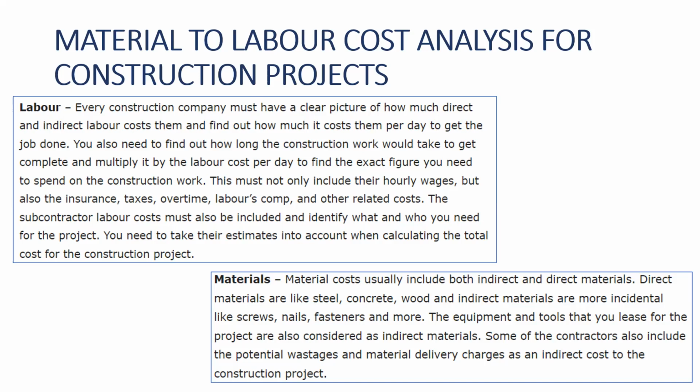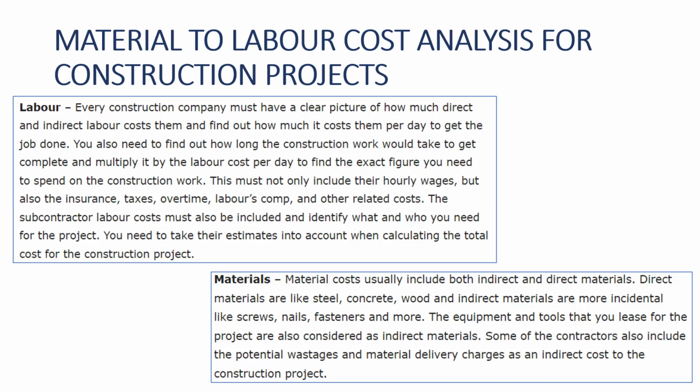We should consider whatever insurance we should have, because in order to have laborers working on a construction site, we should have a particular insurance for them as a company. So we should incorporate those costs as well. Overtime or maybe taxes, EPF, ETF, etc. All the things should be calculated when we are calculating the labor cost in construction projects.